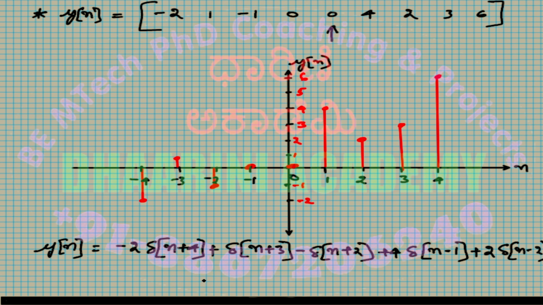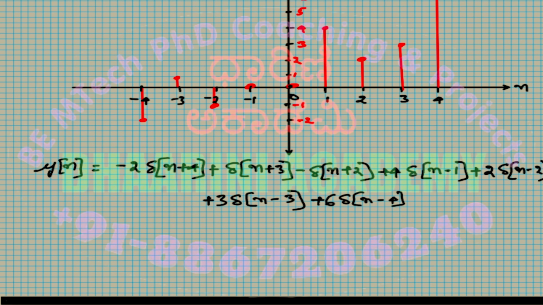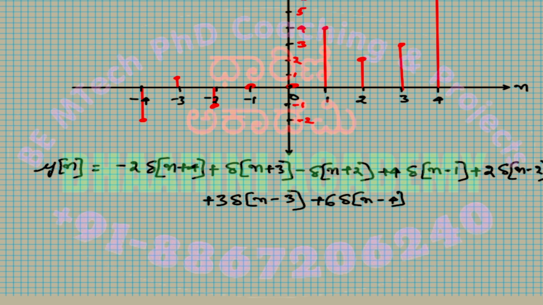Then plus 3 times delta of n minus 3, plus 6 times delta of n minus 4 is the required answer. This is how we convert any given discrete valued signal into an equation using the delta function. This is the first objective for us to learn the process of convolution.